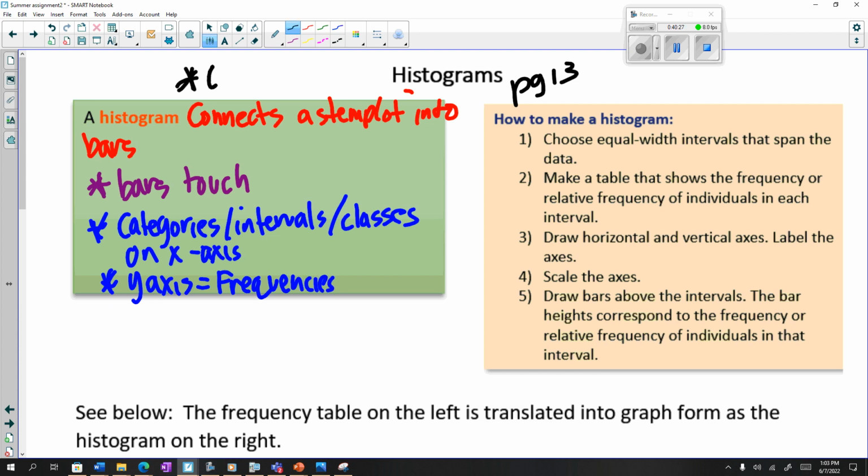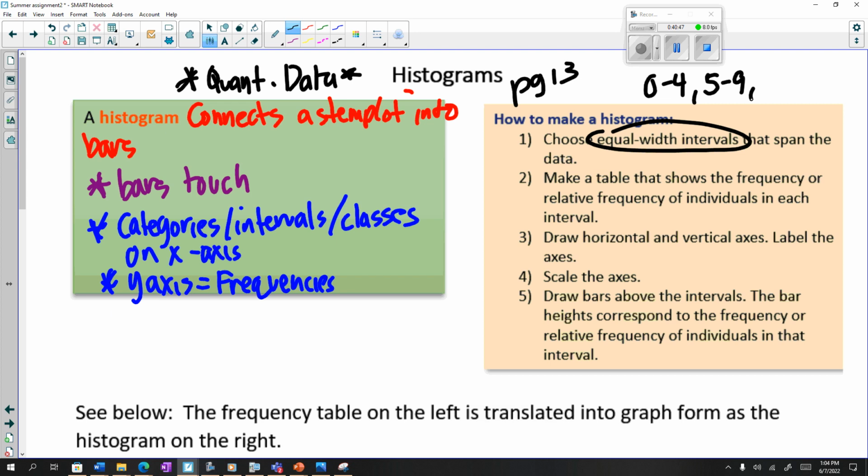This is also for quantitative data, by the way. Okay, so it says choose equal interval width. Let's say we want to make intervals of size 5. We would have to make all of them size 5. So like 0 to 4, 5 to 9 is actually 5 numbers: 0, 1, 2, 3, 4, 5, 6, 7, 8, 9, etc. Those are 5s.